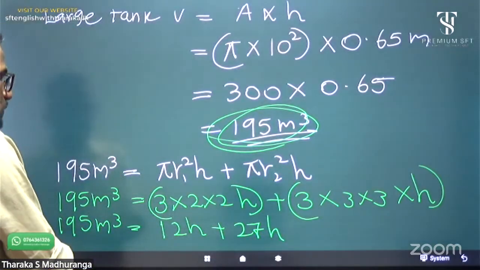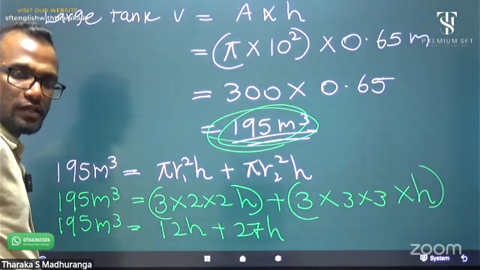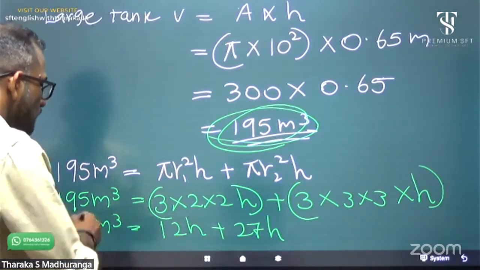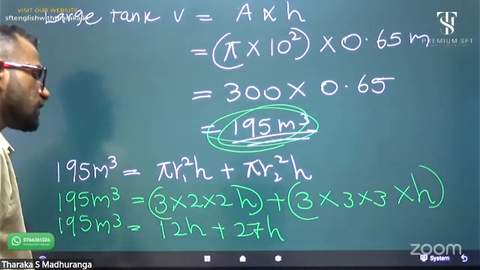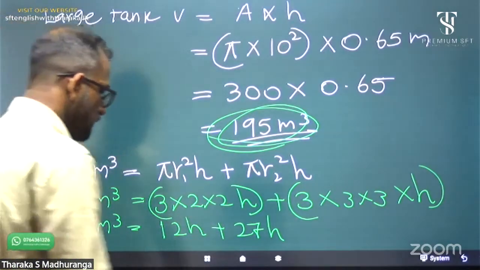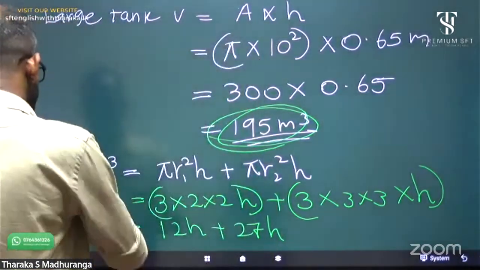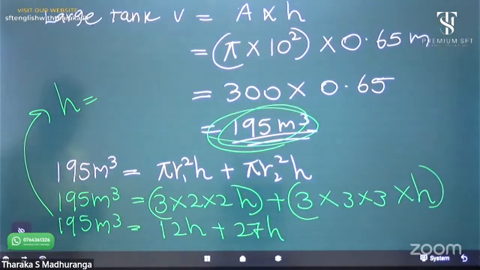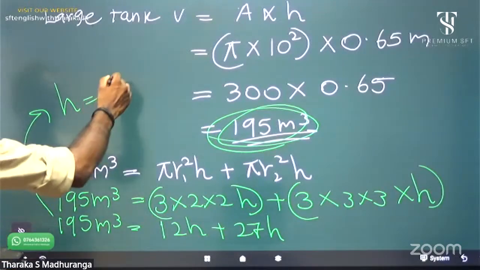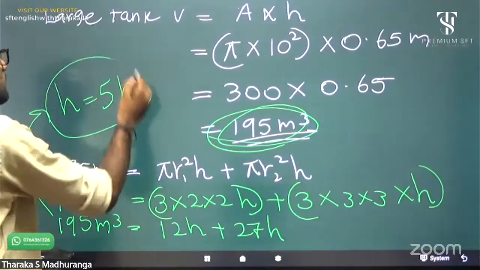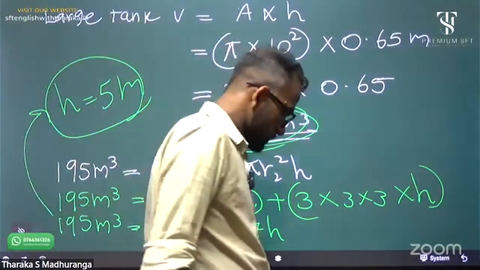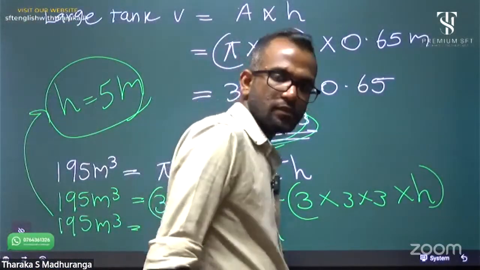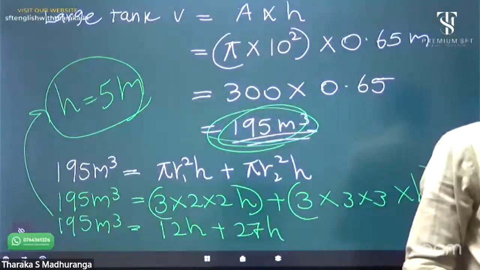Then you can isolate h, right? 195 equals 12 plus 27, it is 39 h. Then h equals 5 meters.